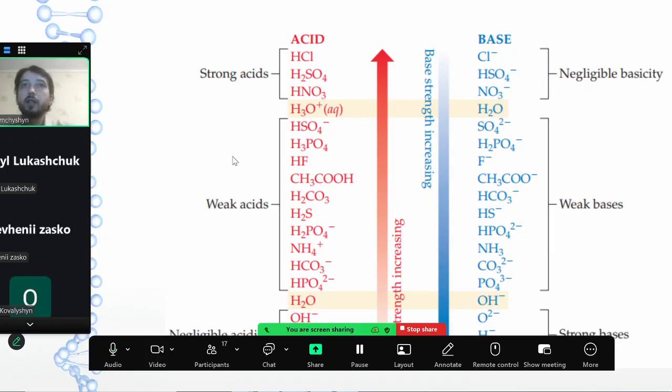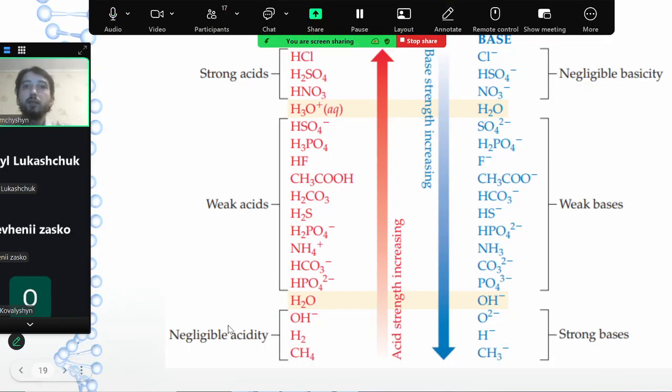Here is a scale of strong acids, weak acids, and some things with negligible acidity. You can see how they look if we sort them with respect to their pKa's.